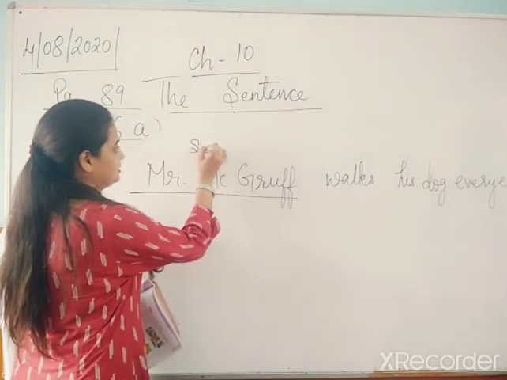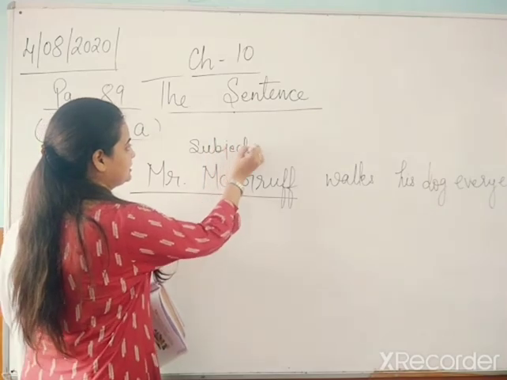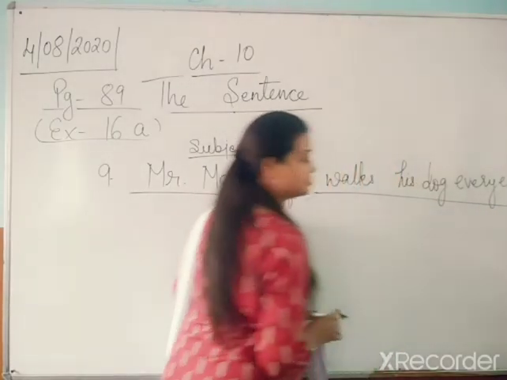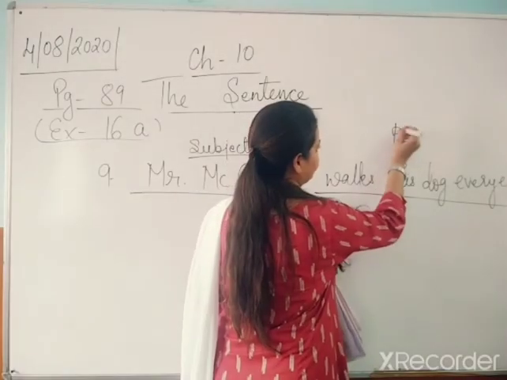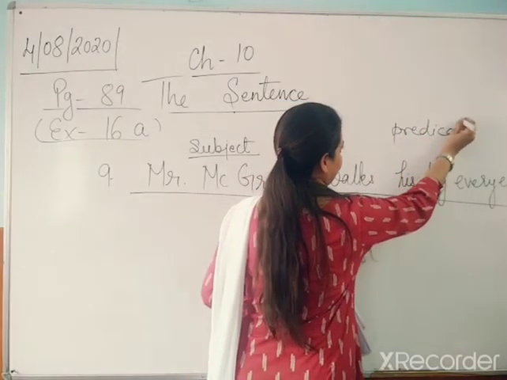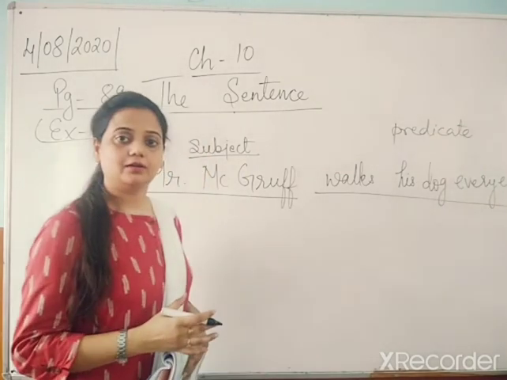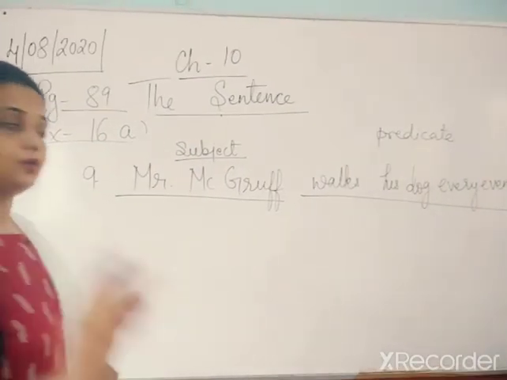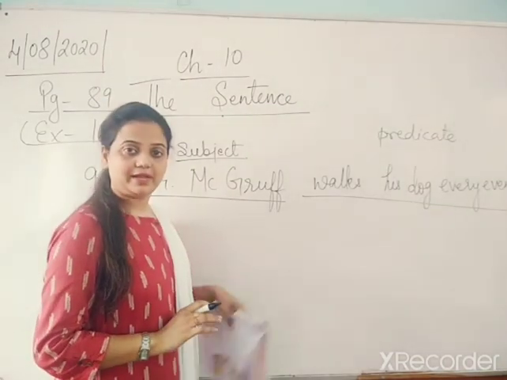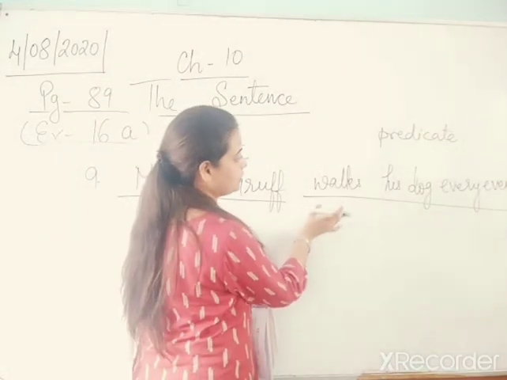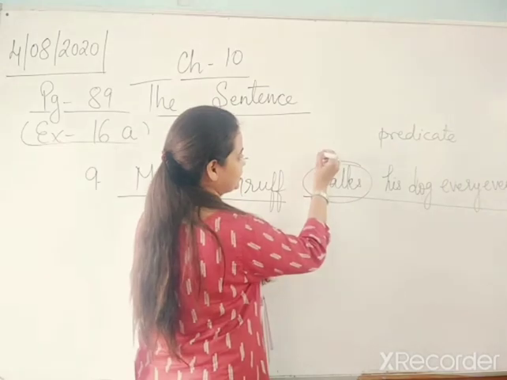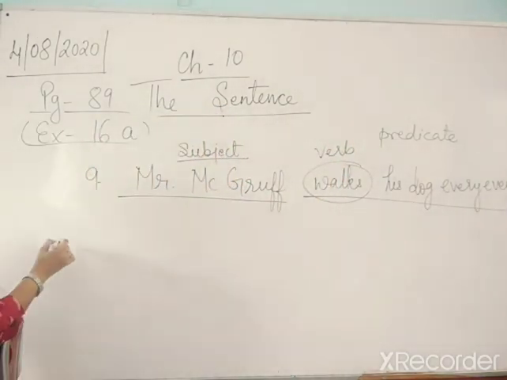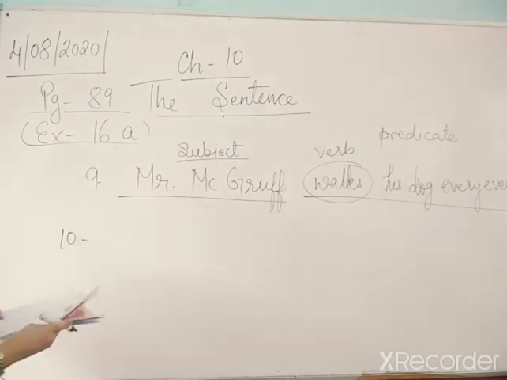So he is a subject. What is being said about the subject? That he walks his dog every evening. This is a predicate. You will get the verb from a predicate only, right? So walks. It's action. This is your verb. Last one.